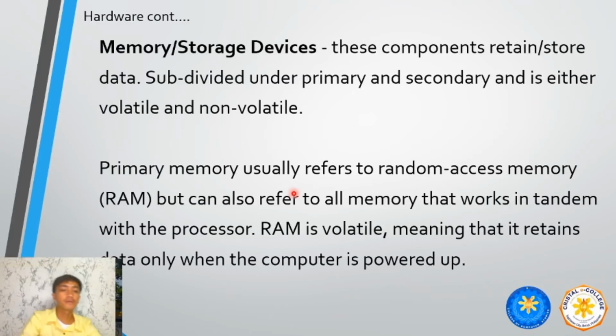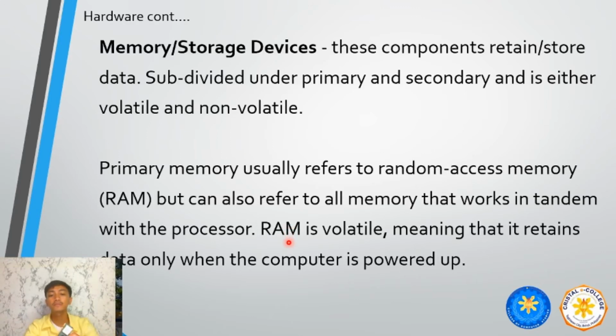A RAM can be of several types. It could be a DDR3 or a DDR4, which is commonly used in most motherboards right now. It can also refer to all memory that works in tandem with the processor. RAM is volatile, meaning that it retains data only when the computer is powered up.